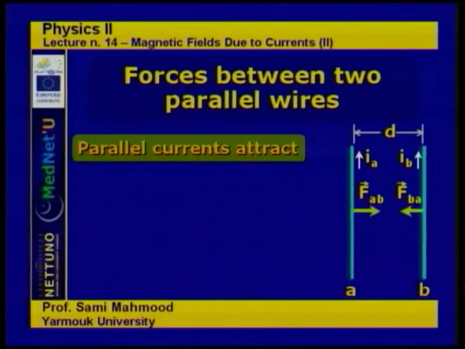Now, experimentally, it has been seen that if the currents are flowing in the same direction in the parallel wires, such parallel currents attract each other. So the force, as shown here in this figure, acting on one wire is directed towards the second wire.